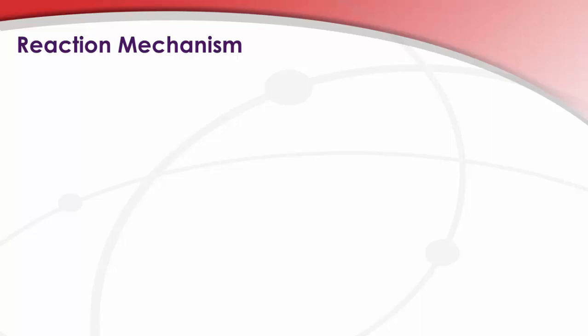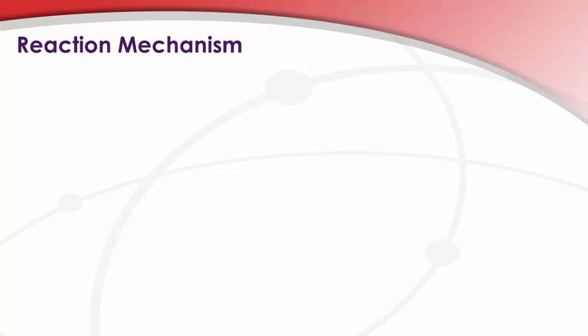Now all of this takes us to this idea of a reaction mechanism. So far, almost exclusively, all that we have talked about in our chemistry careers is balanced chemical equations, and we've put a lot of value on that balanced equation.